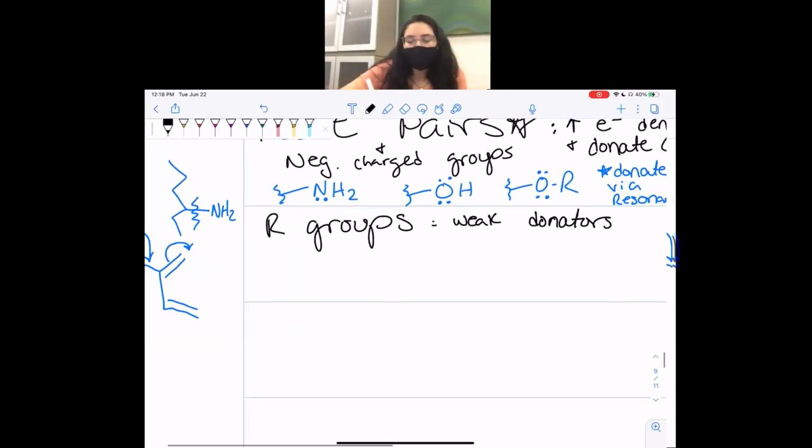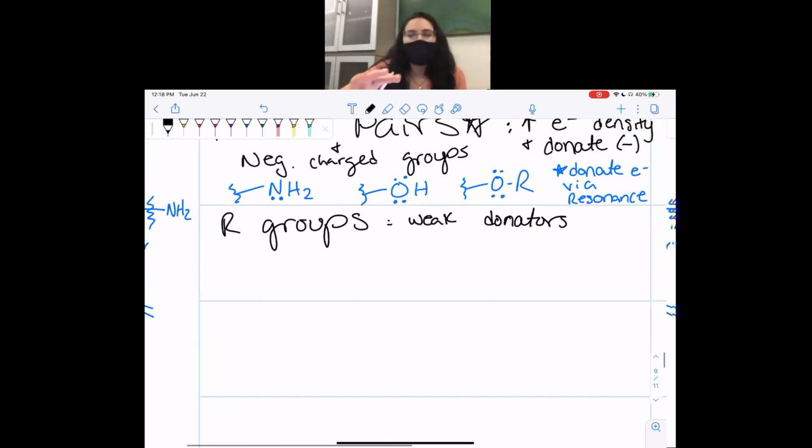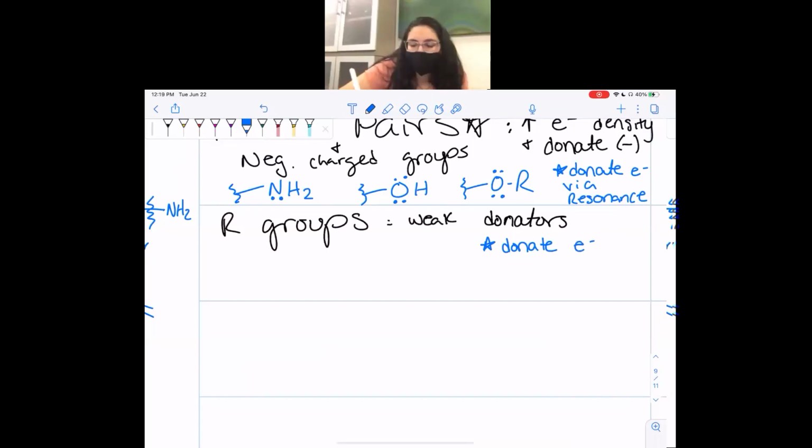And this means that they donate electron density, but not a lot. So they are going to donate electrons via electronic effects. And we kind of already talked about this earlier in the semester.